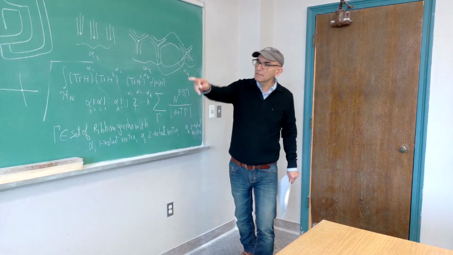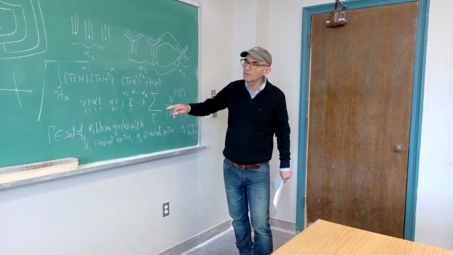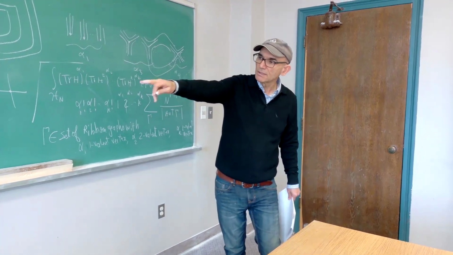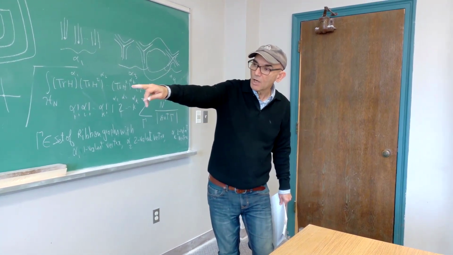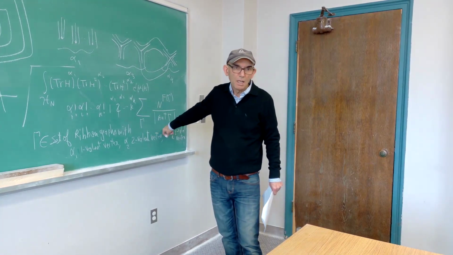So this is exactly like that, but there are many fewer summands here, because there we were summing over all gluings. Here we are summing over the results of gluings.